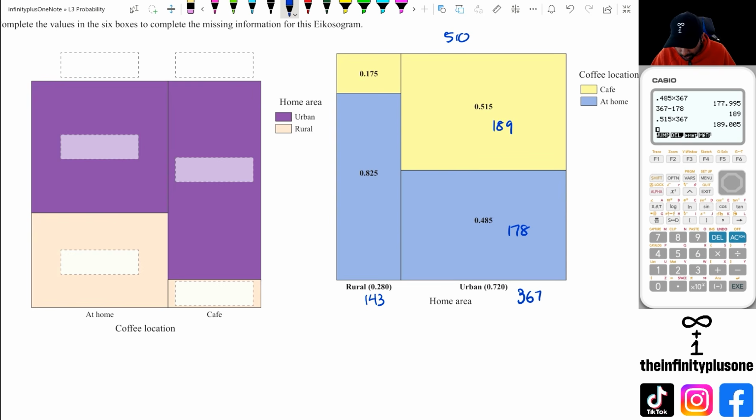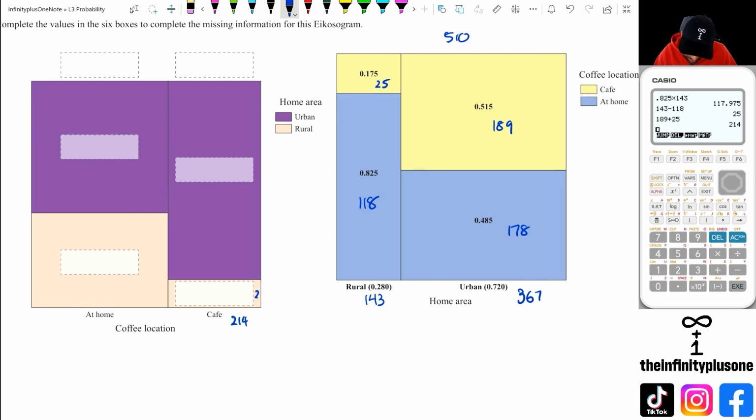I'm going to repeat the same process for rural, so 0.825 times 143, and that gives me 118. Then 143 take away 118 is 25. Basically, if you imagine it like this, the whole table is now inverted. Cafe is going to be 189 plus 25, that's 214.